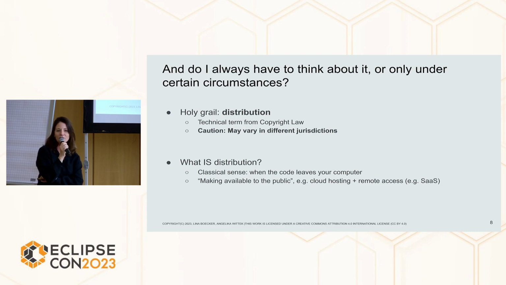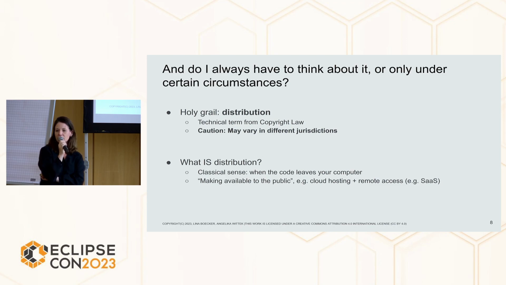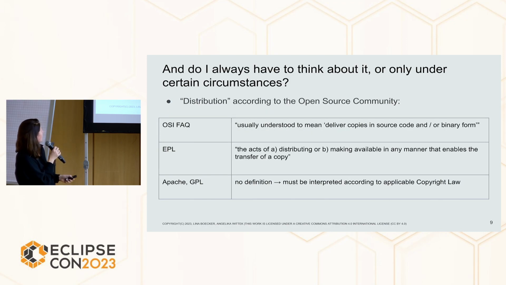You can see that there's obviously a gap in between. Under US law, since most open source licenses have a US law background, distribution is anything that allows others to make a copy of the code. And that's how I like to interpret it in German and other licenses, and also in Germany, of course.